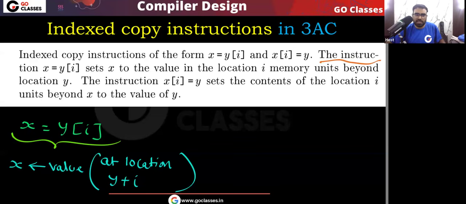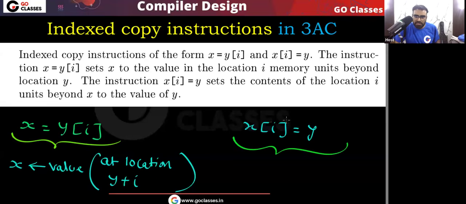So you can read this. The instruction x = y[i] will set x to the value at the location y plus i. Okay, very simple. And what about this instruction, that is x[i] = y. Okay, so we are assigning the value of y here. So what is the meaning here?